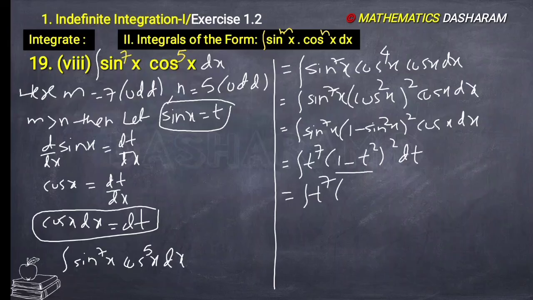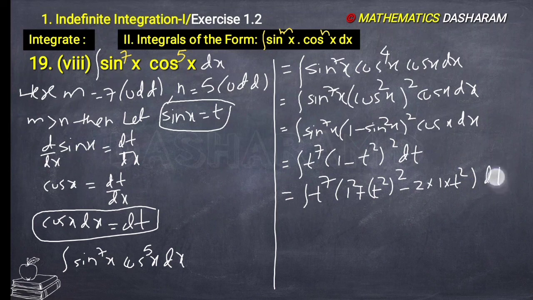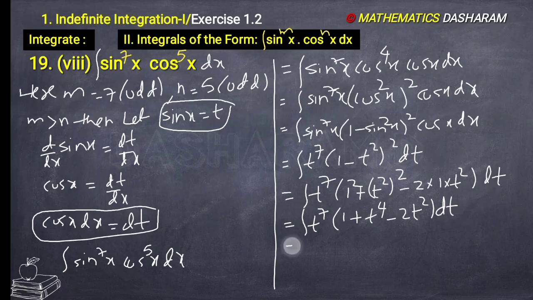Here apply the a minus b whole square formula, a square plus b square minus 2ab, 2 into 1 into t square, whole dt. So it is equal to integration t to the power of 7 into 1 square plus t to the power of 4 minus 2 t square into dt. Multiply t to the power of 7 inside and apply the integration for each term separately.